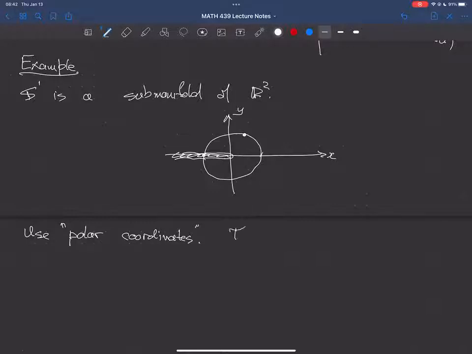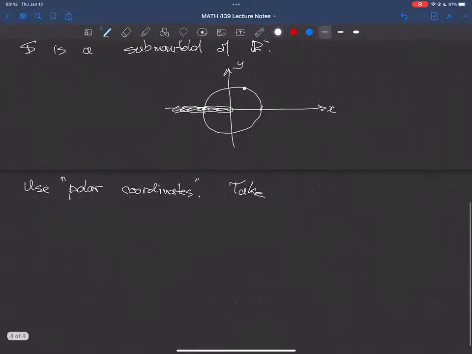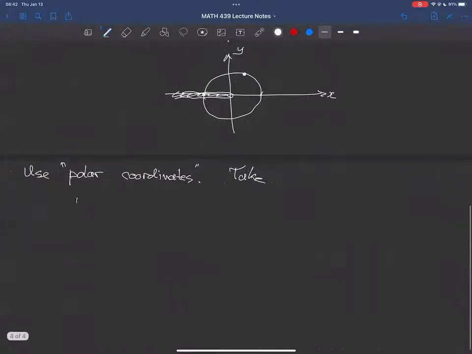So we take U to be the set of points X and Y. Remember, U is going to be a chart for R2.